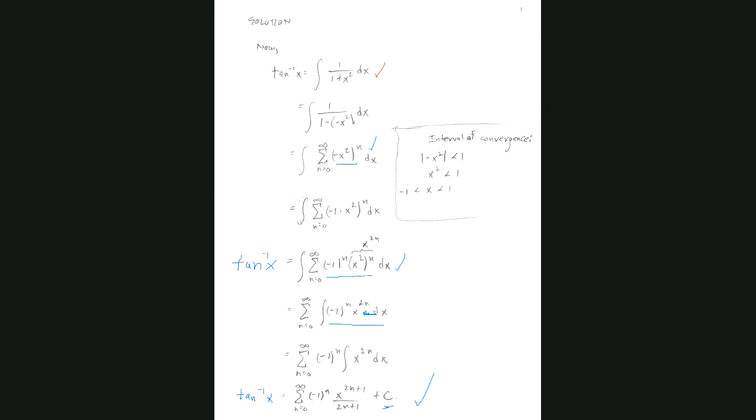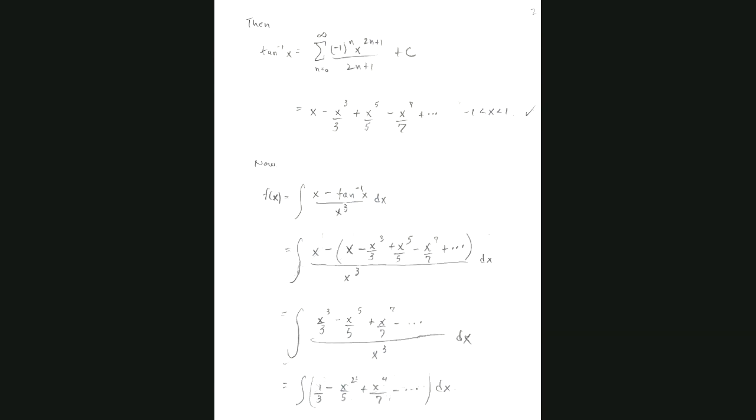All right, so now we have this formula. The arctangent of x equals this power series plus the constant. And what I've done is I've written out some terms for the series, where I've written out the first four terms when n equals 0, 1, 2, and 3.